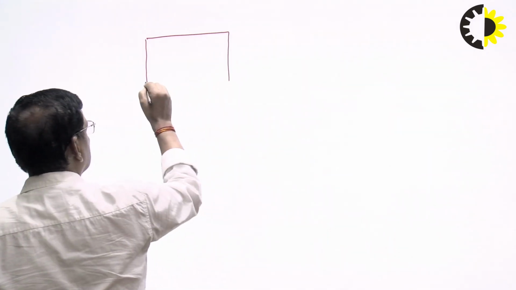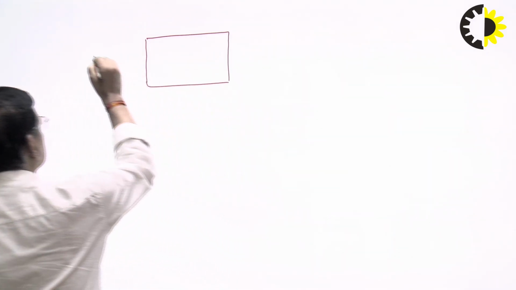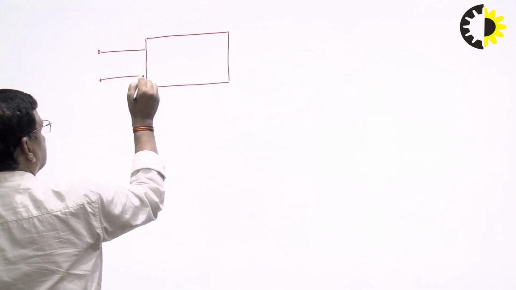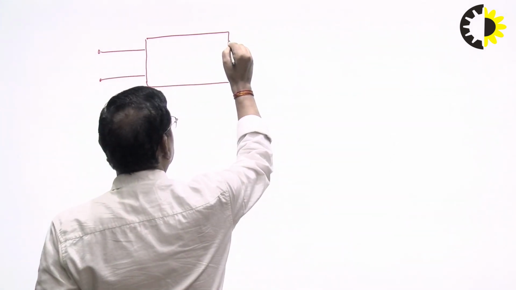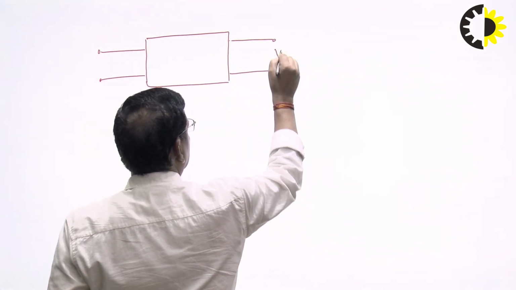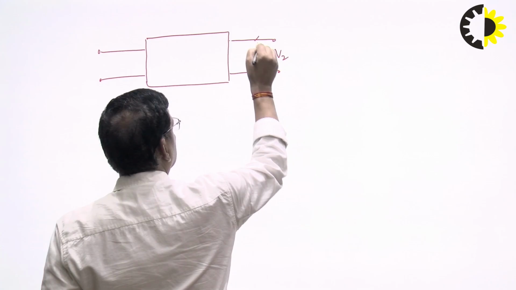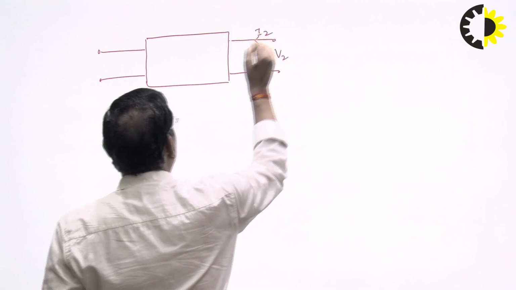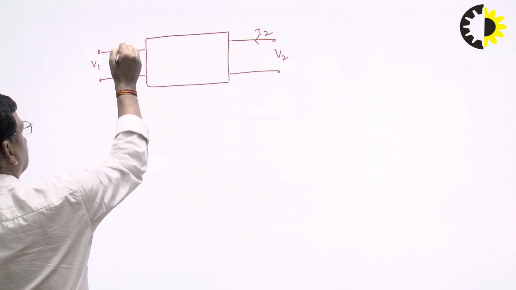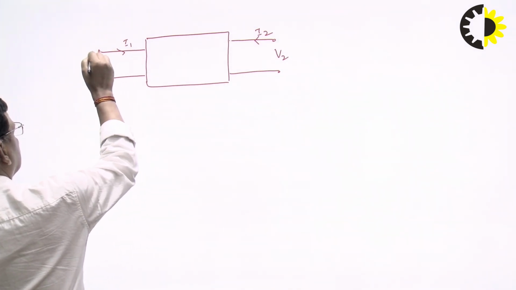Suppose this is your two-port network. This is V2, this is your I2, this is your V1, and this is your I1.